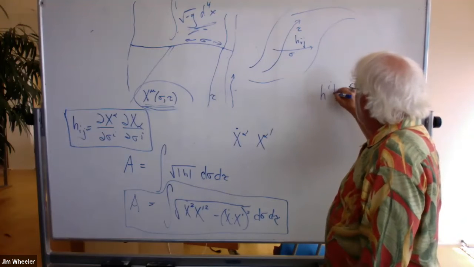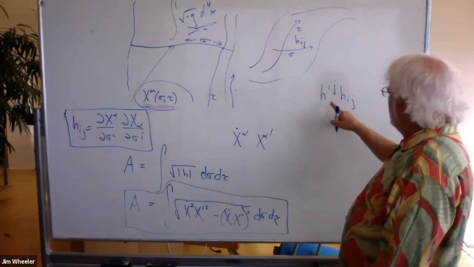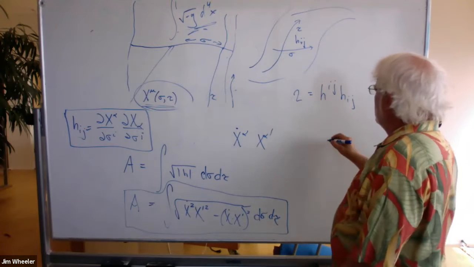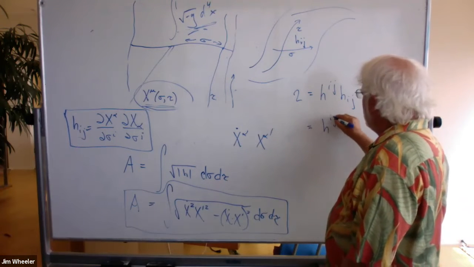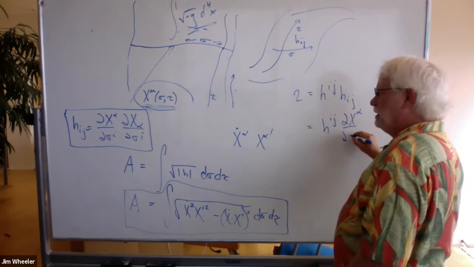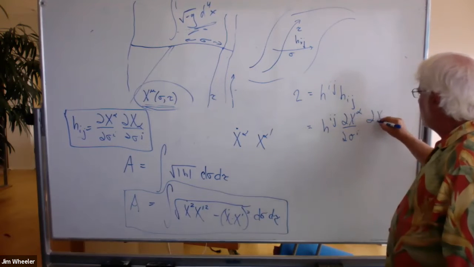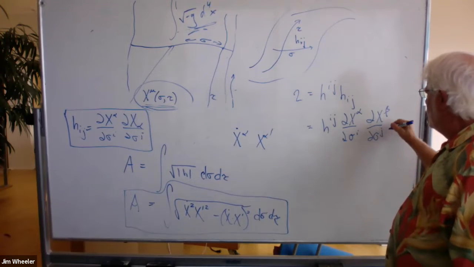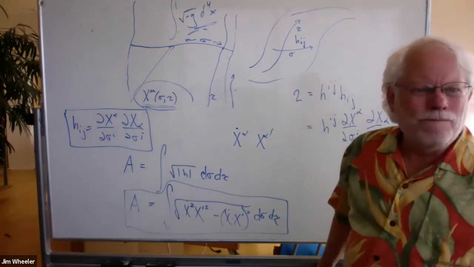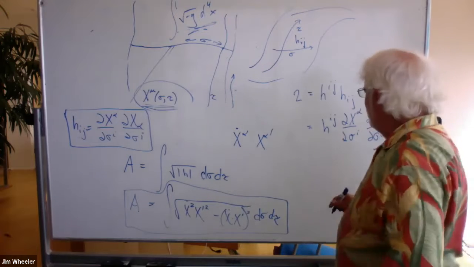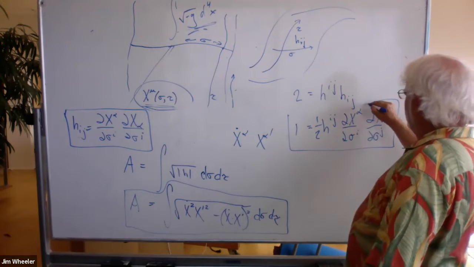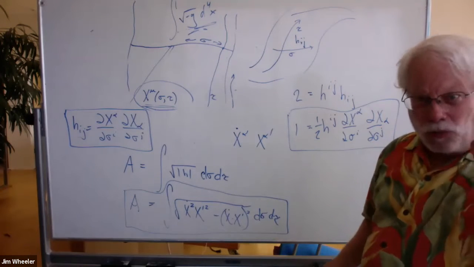Right, so if I take a contraction of h with h inverse, I get a Kronecker delta and I sum on that, and that's 2. All right, but I can write this h in terms of dx alpha d sigma i, dx beta d sigma j, contracted here. And now that means that, well, let's just divide by 2, and I have a very elaborate expression for 1.